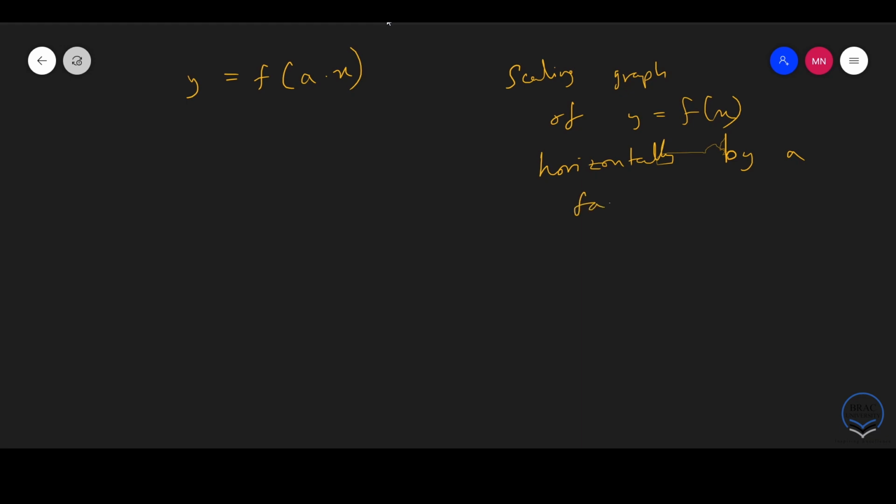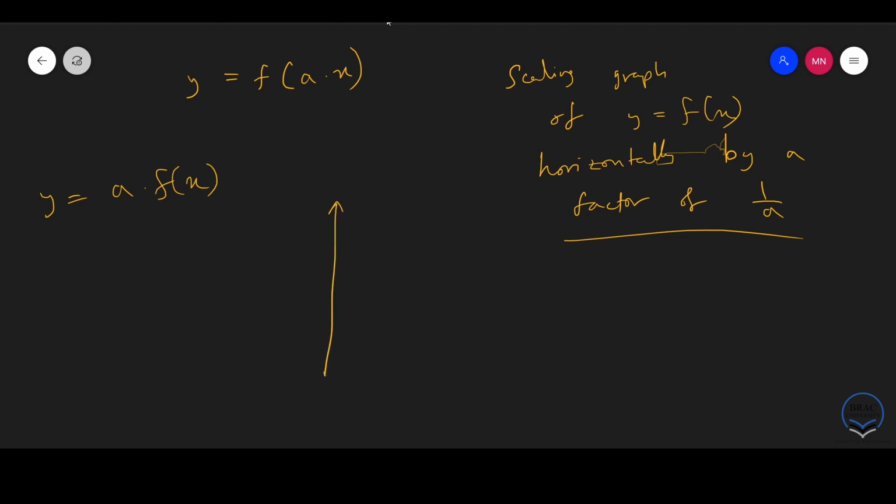And similarly, if we had y is equal to f of a times x, then we're scaling the graph of y is equal to f of x horizontally by a factor of 1 by a. So in the previous case for a times f of x, we were scaling the graph vertically by a factor of a, but in this case it's by a factor of 1 by a.